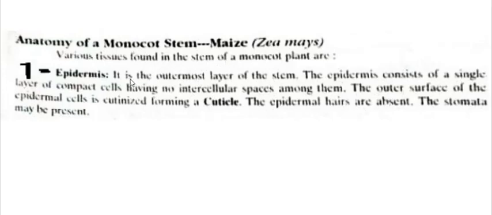The outermost part, which is epidermis, consists of a single layer of cells which are compactly arranged with no intercellular spaces, and on the outer side of the epidermis a cuticle layer is present. The epidermal hairs are absent and stomata may be present.